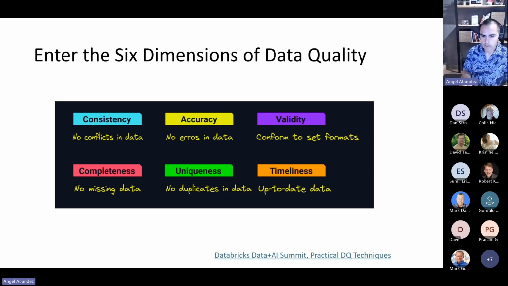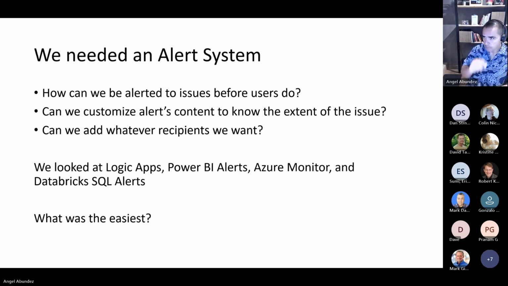If there's something wrong and we don't get data in the last 20 minutes, let's shoot an alert, because the right people need to know so that they can go chase it down. So these two things are really important to us, but you could probably argue in your case for any one of these six. These six dimensions are a very thorough way to look at data quality issues in your data systems.